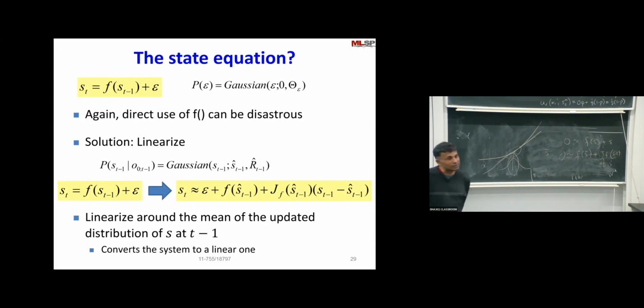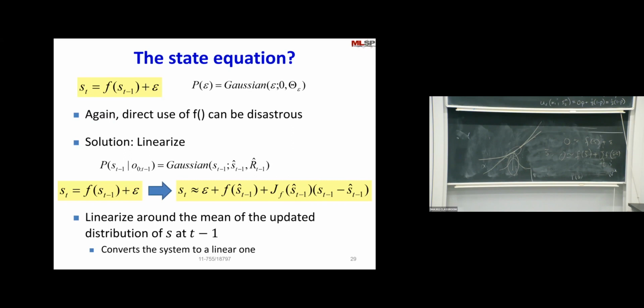S hat t minus 1 is the mean of the state at time t minus 1, right? Plus the Jacobian of the function f times st minus 1 minus s hat t minus 1. This is just your first order term. Everybody fine with these equations?